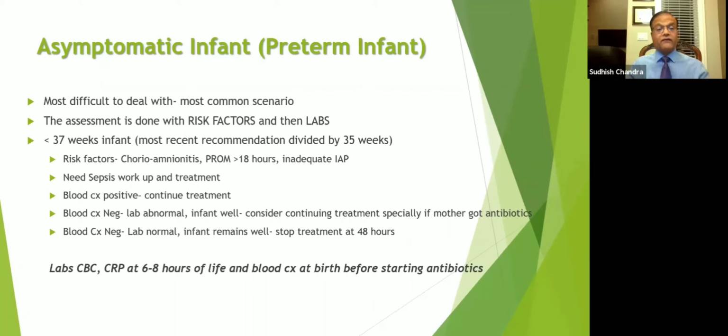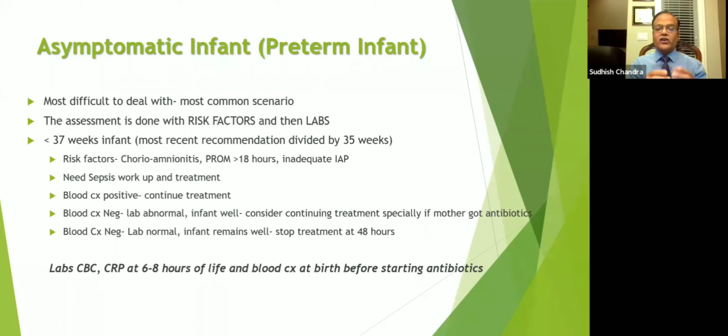Obviously, in this scenario, a baby comes out, let's say baby is 36 weeks, the water was broken for more than 18 hours, mother does not have any fever, the GBS was negative, or GBS was, let's say, unknown or positive, and mother did not get antibiotic dose 4 hours before the delivery. So everything kind of meets the criteria.